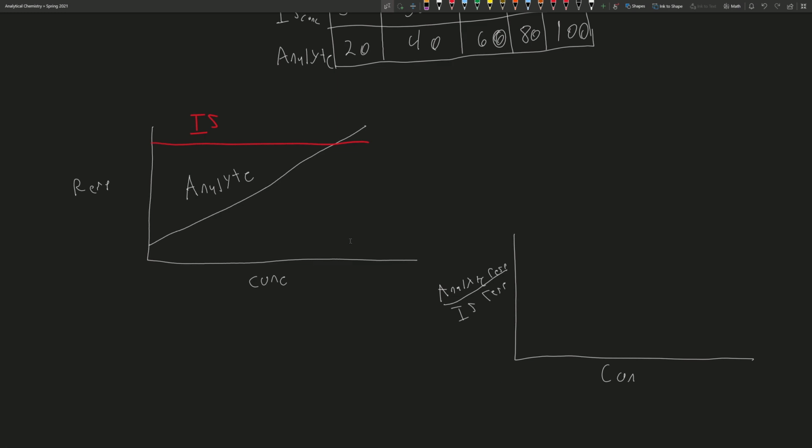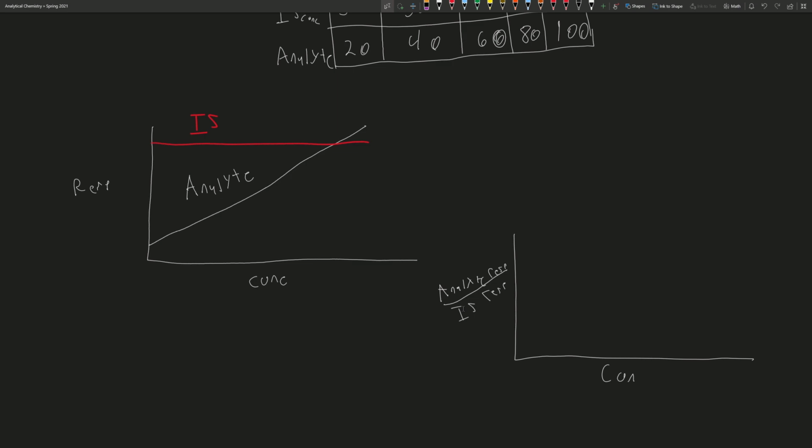I should also note that this idea of using an internal standard is very powerful because it also accounts for any fluctuation in your instrument. Because although your instrument can vary from run to run, say you ran your instrument once for a very long period of time, you may see fluctuations in the response it gives from the beginning of your run and at the end of your runs.